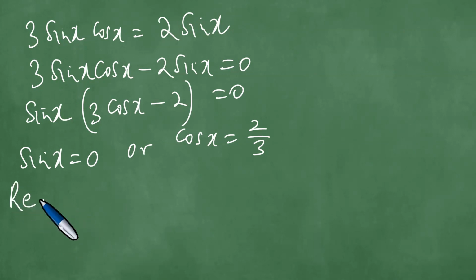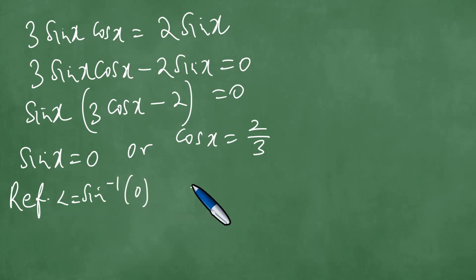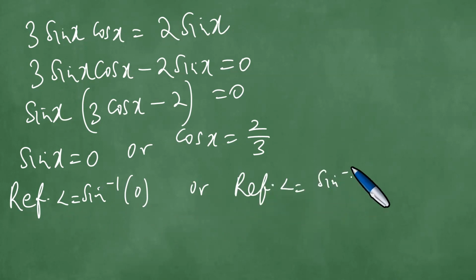We need to get reference angles. So the reference angle is what? Is arc sine 0. Or here we get the reference angle, which is arc sine 2/3. Arc sine 2/3 reference angle. The reference angles are those angles that are reasonably smaller and often of acute size, acute angles.